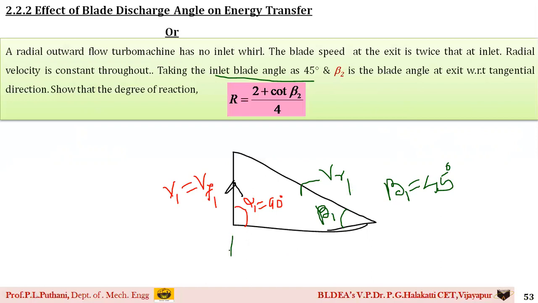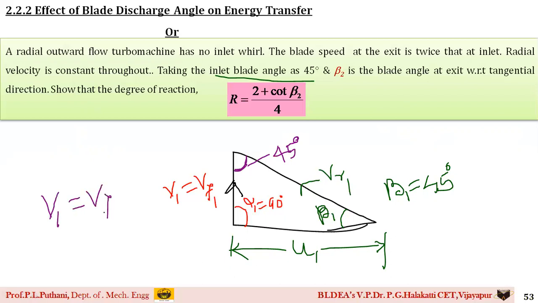which is made by the blade velocity, that is u1, or you call it the tangential velocity at the inlet, u1. Now if you observe here carefully, the third angle, which is made between the v1 and vr1, is also equal to 45 degrees, which means both these two sides u1 and v1 are similar to each other, which means I can write v1 is equal to vf1, which is also equal to u1.